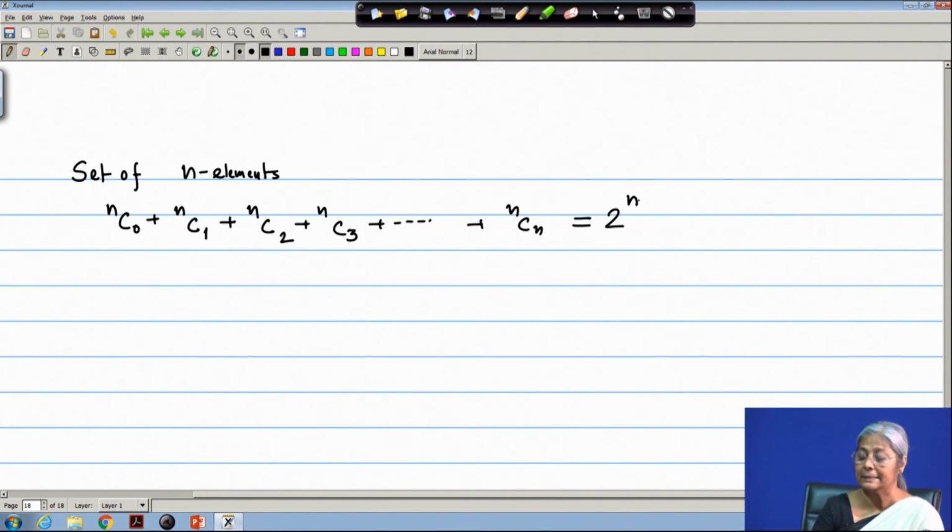Sometimes we write this thing as a theorem also, and we can prove this thing.